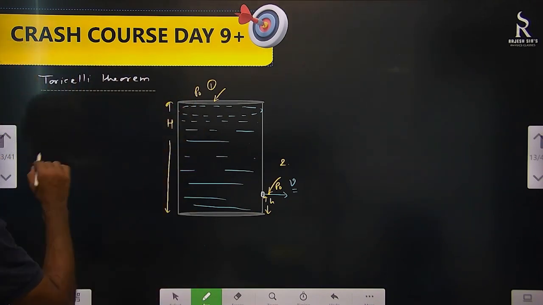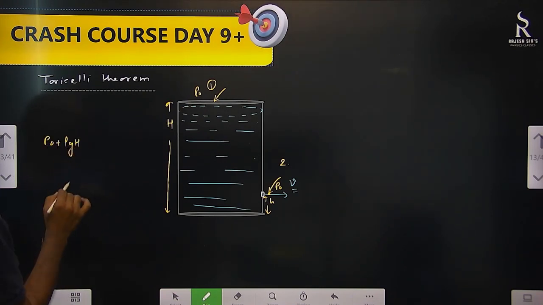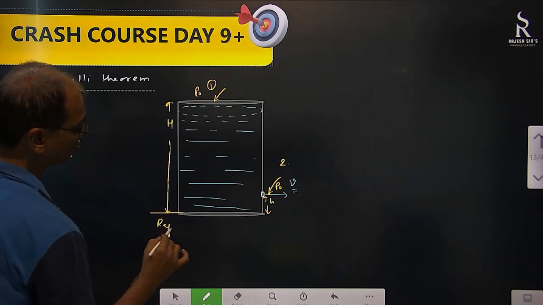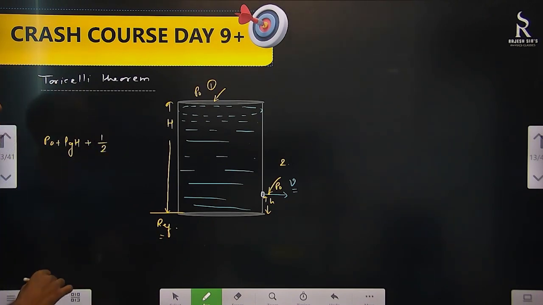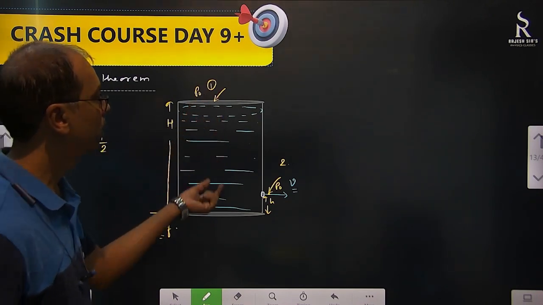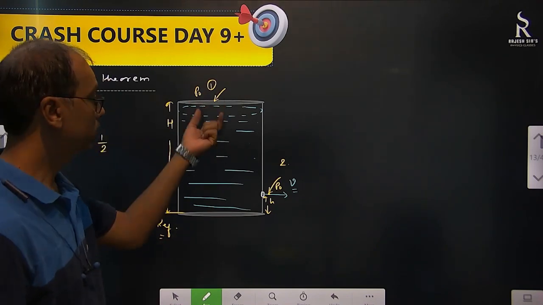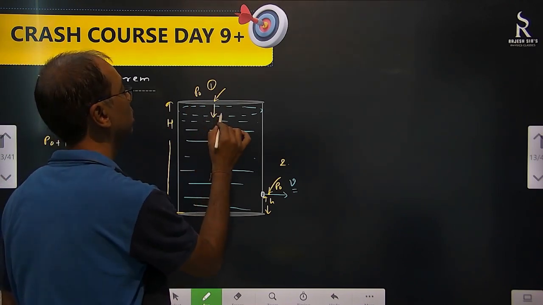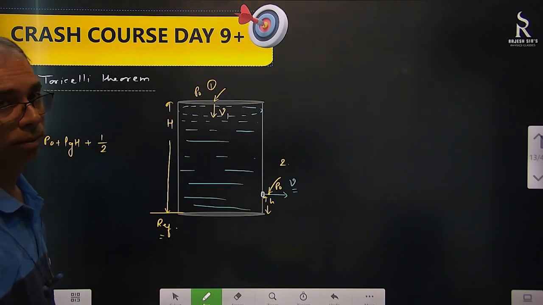So first section here, P naught plus rho g H, potential energy, I am considering this to be datum, reference, plus half rho. Now this has to come down. With what velocity is this going to come down? So in this velocity is v1. Okay, and one more thing I have to tell you about area.